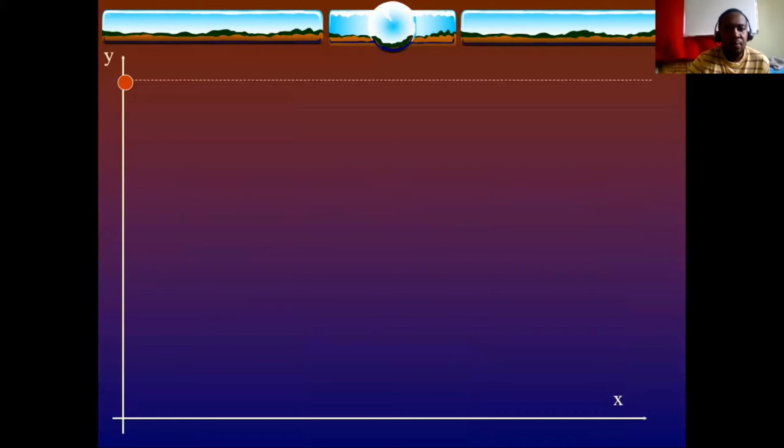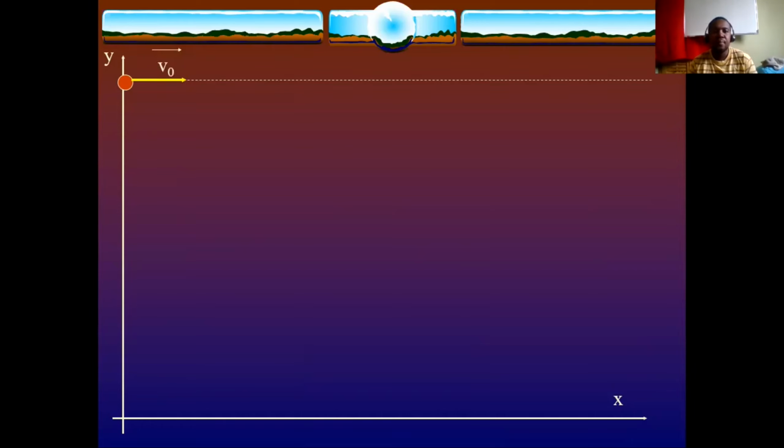A full projectile motion is parabolic, meaning it starts from the bottom, goes to the top, and then falls back down on the other side. For this case, we're looking at an object starting from a top height, and then we allow it to fall down to the ground.